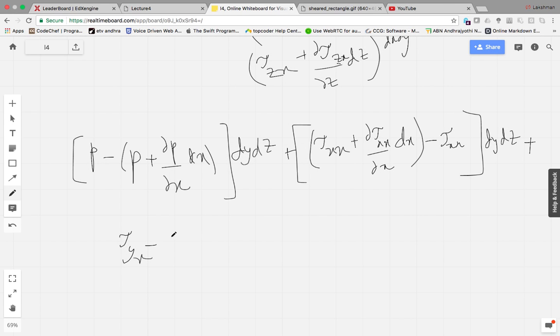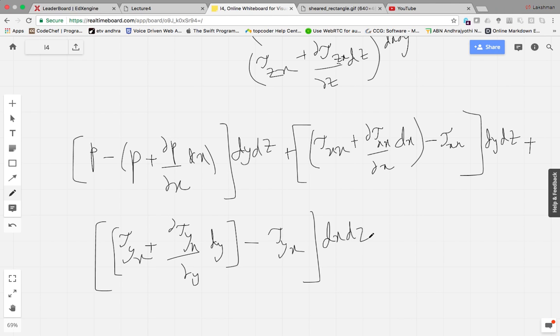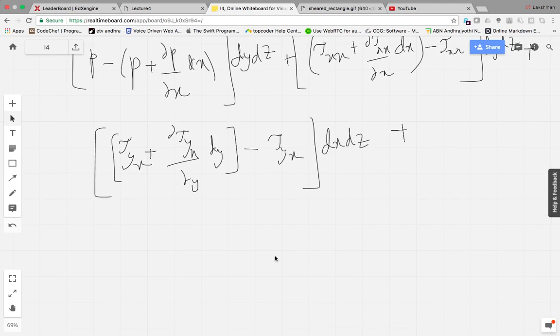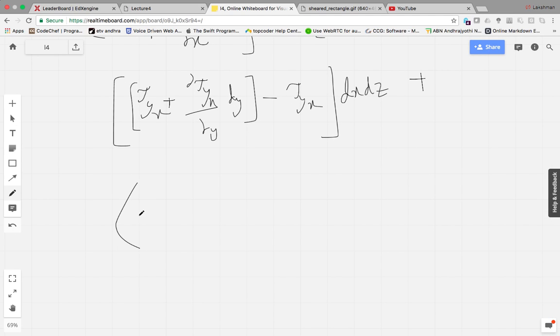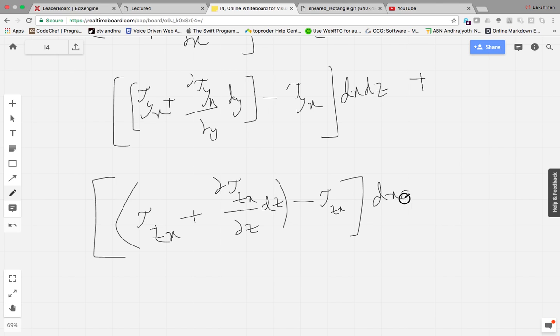I'll write del tau yx by del y dy minus tau yx, multiplied by dx dz, plus, again on the back and front planes, tau zx plus del tau zx by del z dz minus tau zx, multiplied by dx dy. So this is the net surface force.